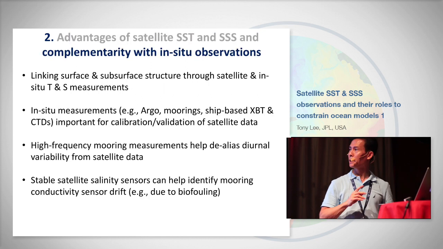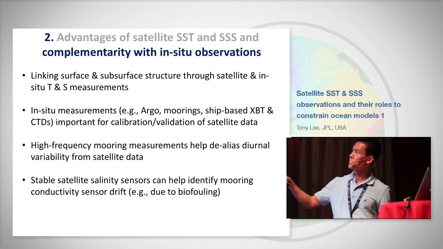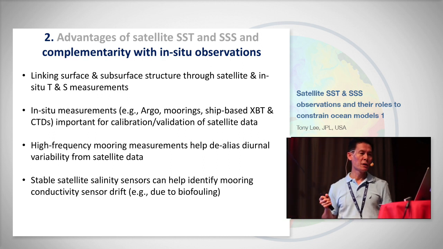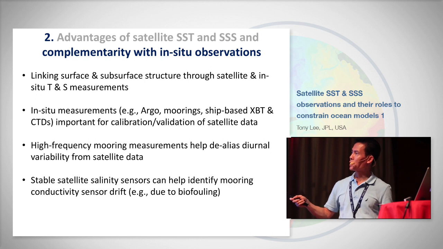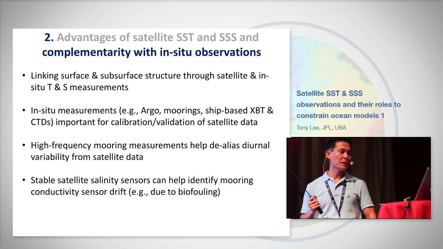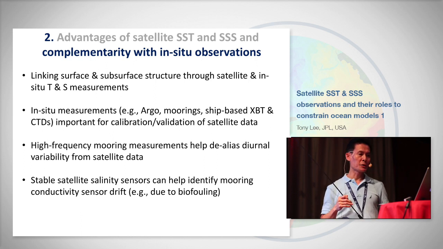But like Pierre, I want to emphasize the complementarity between satellite and in-situ observations. In fact, the surface information from satellite and subsurface data from in-situ measurements are important in inferring the four-dimensional structure of the ocean. Also, in-situ measurements, such as those from Argo, moorings, and ships, are important for calibration and validation of the satellite observations.